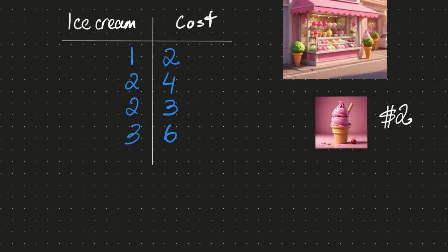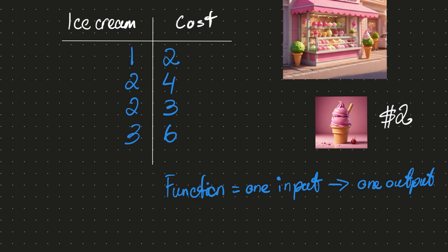So here's the rule in normal language. Function equals 1 input and 1 output. Basically, every input will have 1 output.